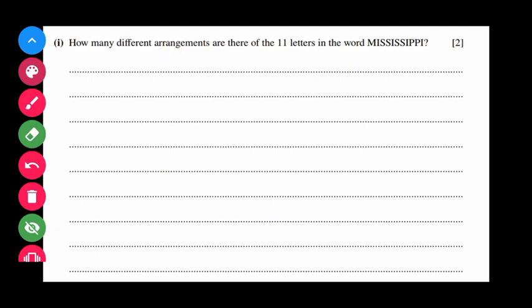So the total number of arrangements, as there are 11 letters, is 11 factorial.